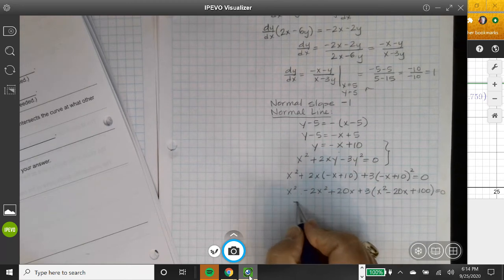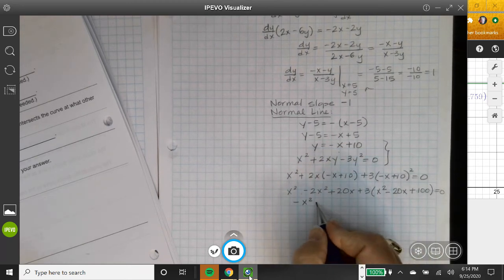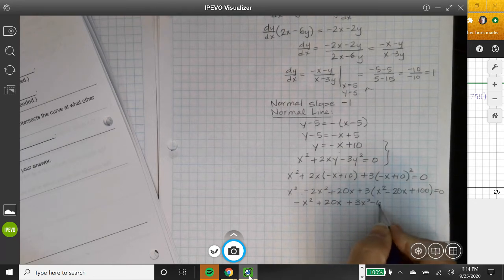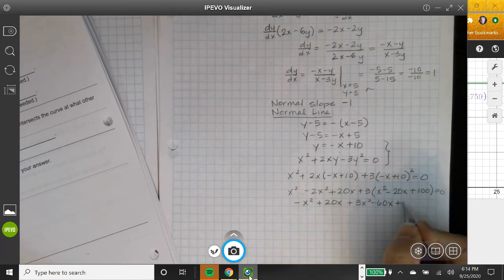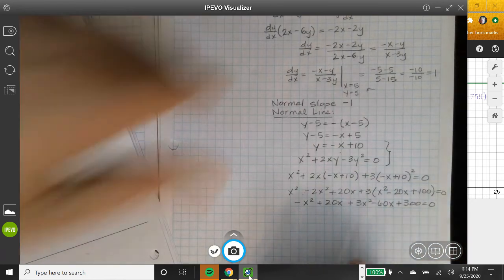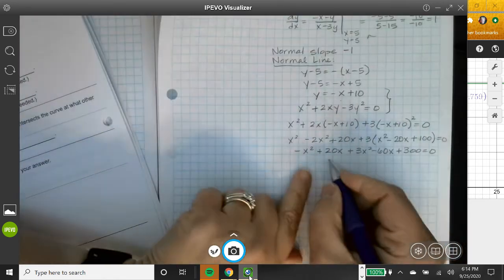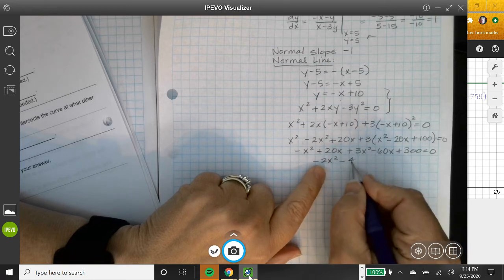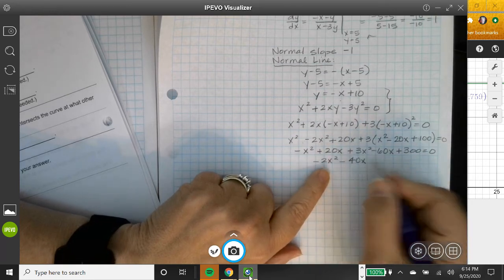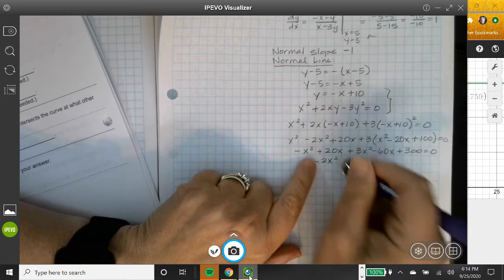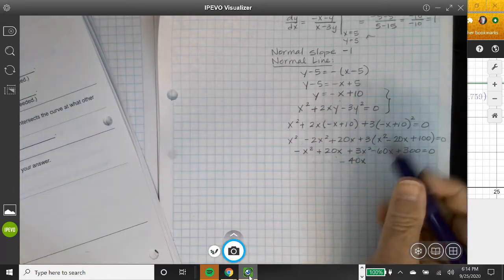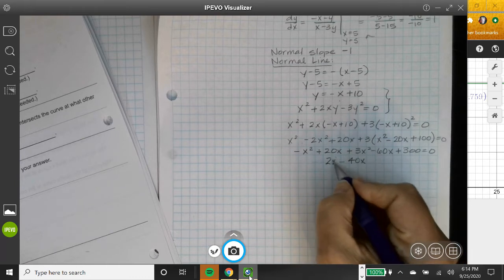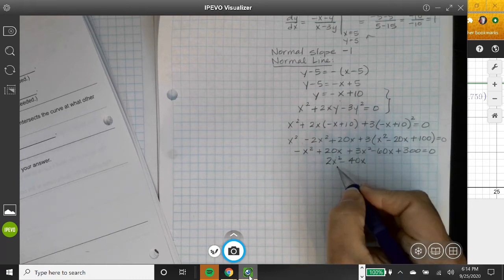Okay, so we get negative x squared plus 20x plus 3x squared minus 60x plus 300, nice big numbers, equals... no, this is not negative 2x squared, it's a positive 2x squared, because negative x squared plus 3x squared is positive 2x squared.